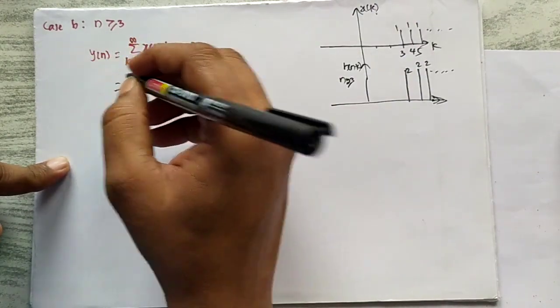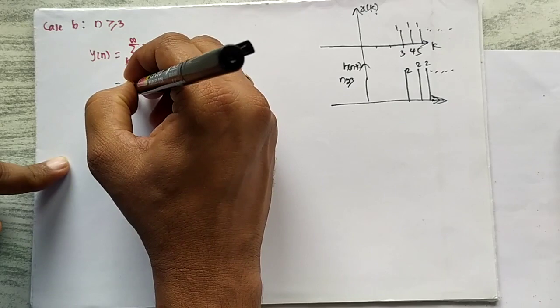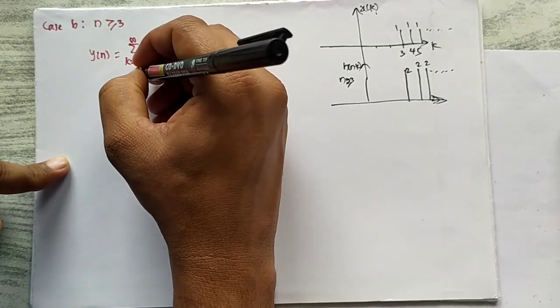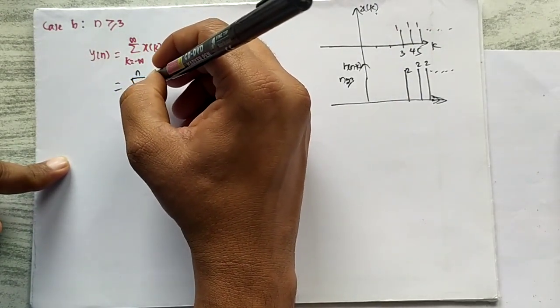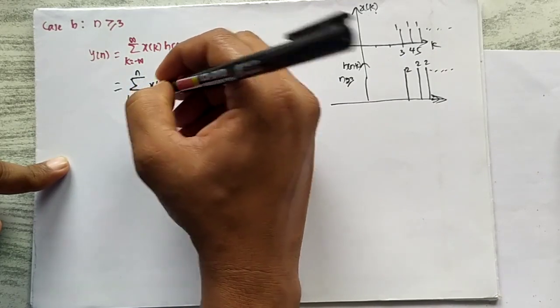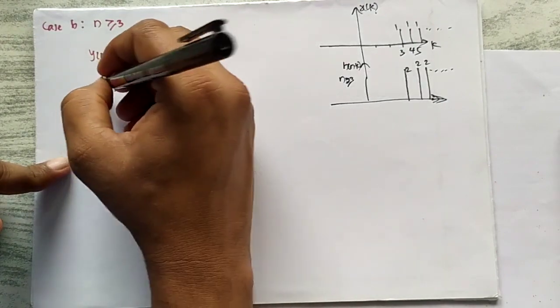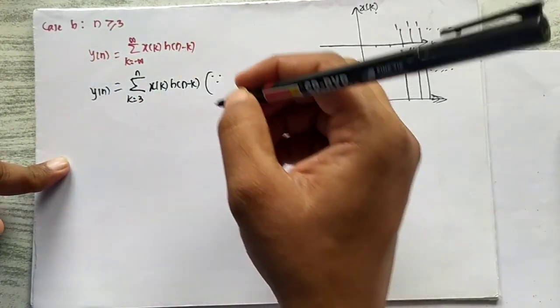Actually this LTI system is causal, so directly I can have this expression: summation k equal to 3 to n x of k h of n minus k. This is y of n. Why can I write it like this?